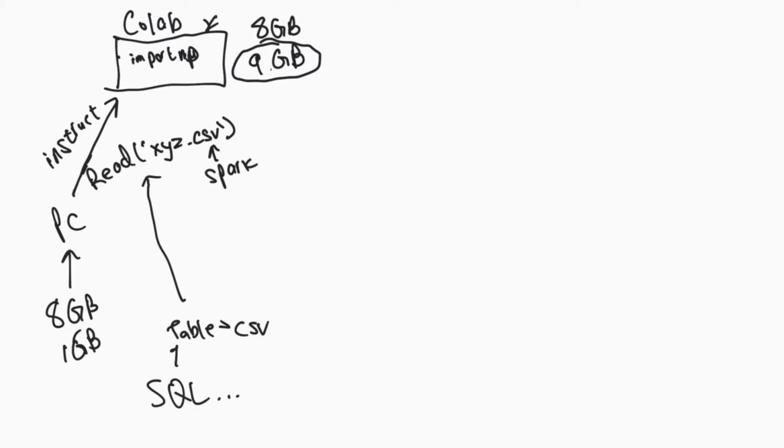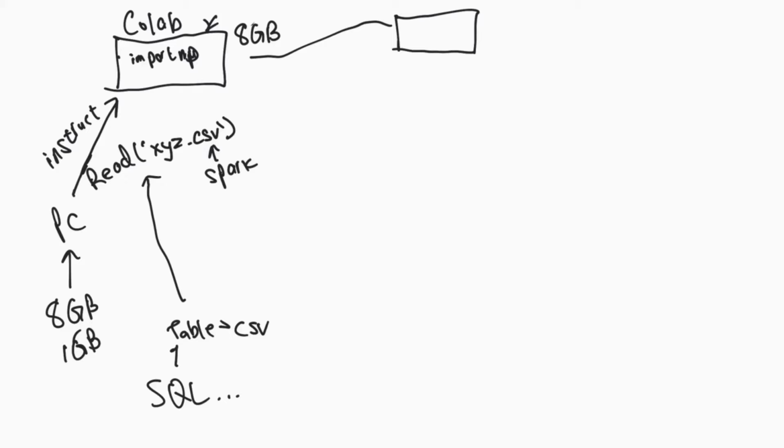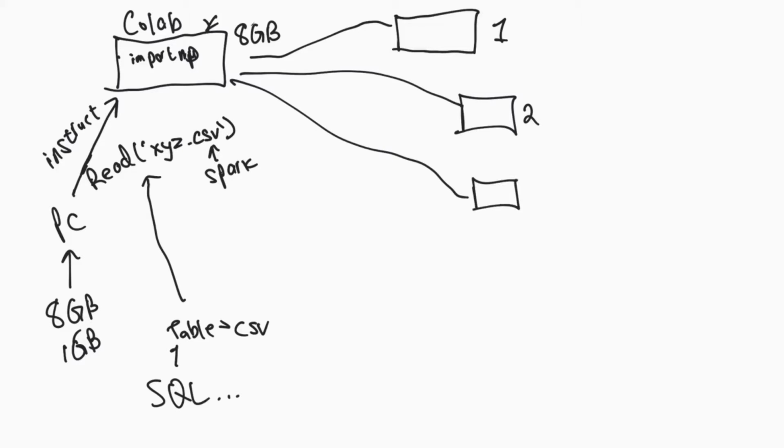Okay, so if we're running a Spark read CSV, what it does is it contacts all of its nodes, whatever you happen to have. So yes, maybe you still have 8 gig on this machine, but then if we try to read a CSV, it actually says, okay, no, I want to put some of it on this machine number 1, some on this machine number 2, and some on this machine number 3.